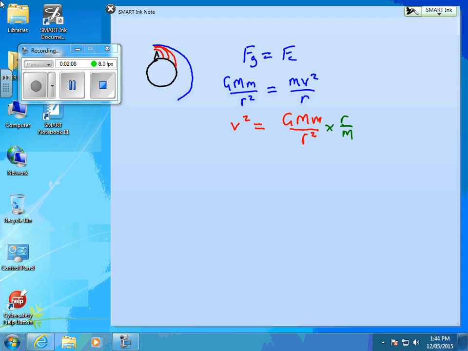One R cancels out for the R squared, the m cancels out, which means you end up with the formula that the orbital velocity is going to be the square root of G large M on R.